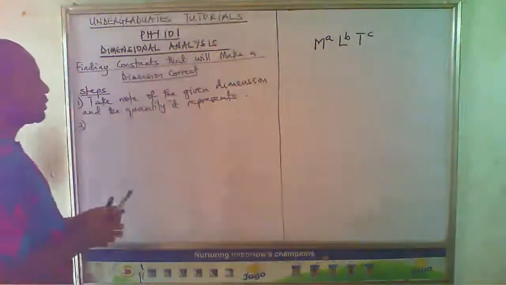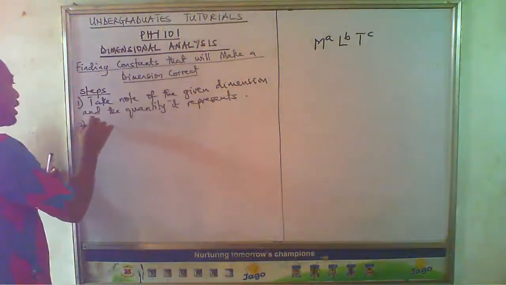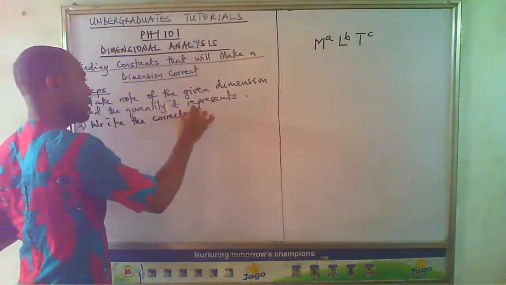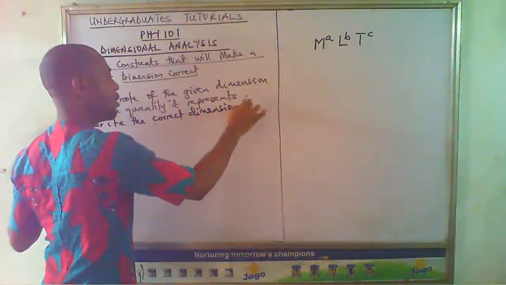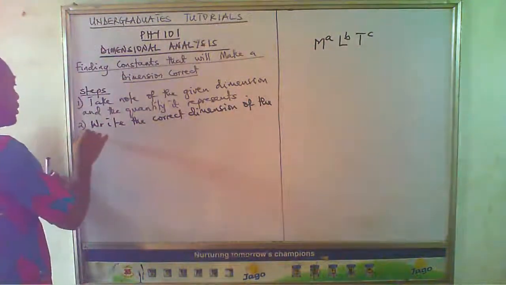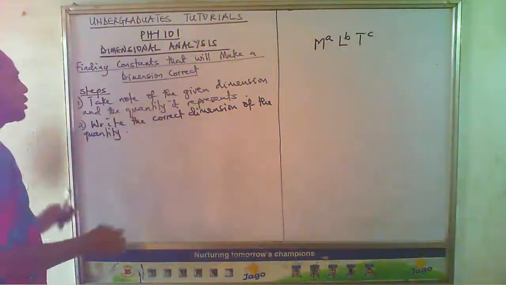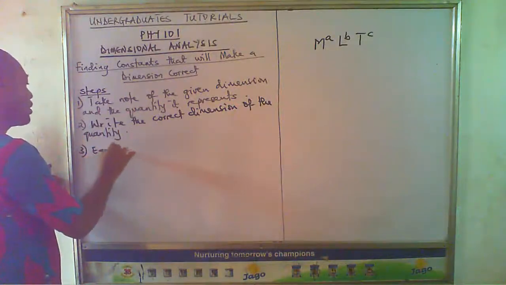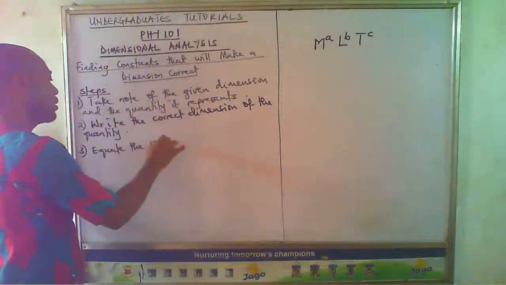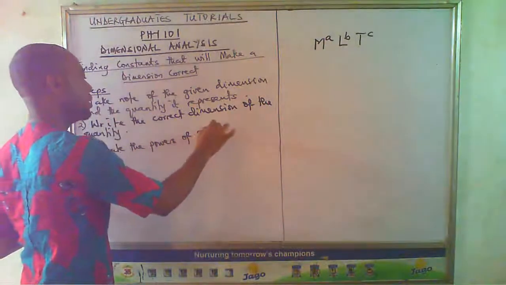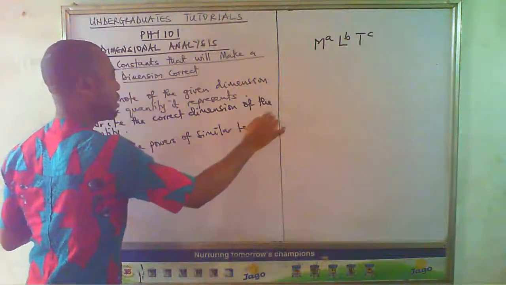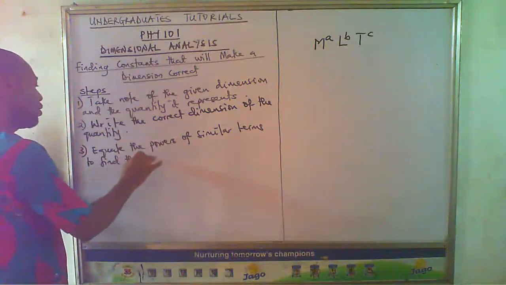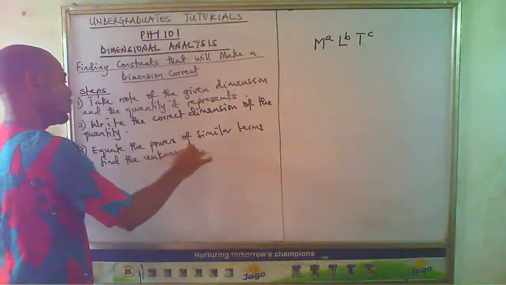The second step is to write the correct dimension of the quantity. Then the third step: equate the powers of similar terms to find the unknown constants.